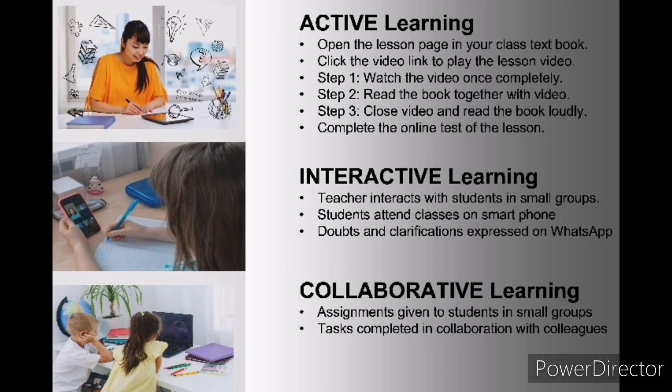Finally, you complete the online test as part of the lesson given by your teacher. The online test link will be provided along with the video link of the lesson. With that, active part of learning will be complete.